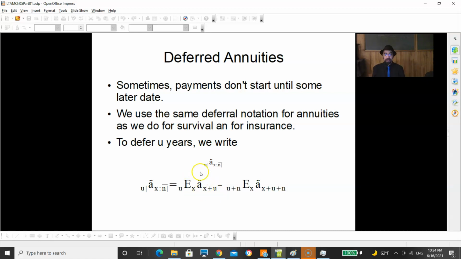And so I can pretend that it's an annuity that starts that much later, but then I have to subtract out everything past the end of the term. So U plus N E X, A double dot X plus U plus N. Again, you start with some amount, right? So you say if it begins at some later date and ends at some even later date, I can say that that is a delayed annuity minus an even further delayed annuity.